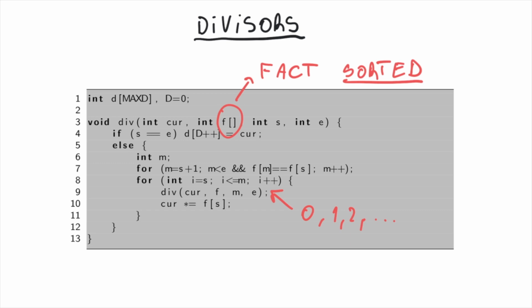So I encourage you to take a minute to look at this code and maybe try it for yourself. You have to call div of 1, the list of factors, and the range that this list has, and it will generate for you all the divisors of your number n.